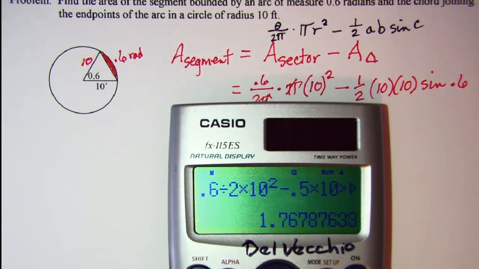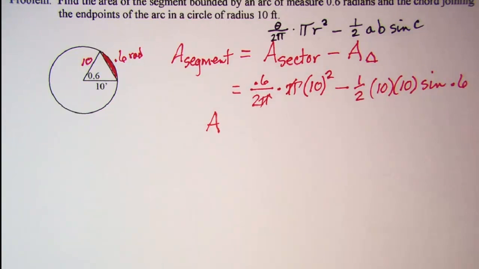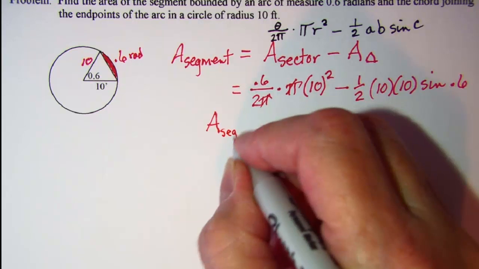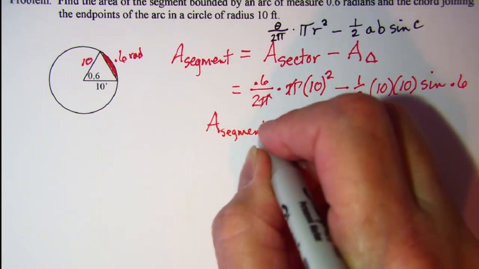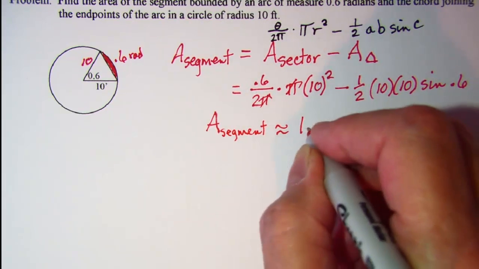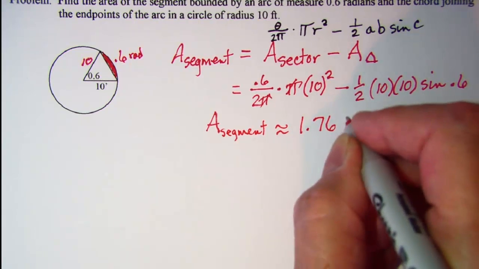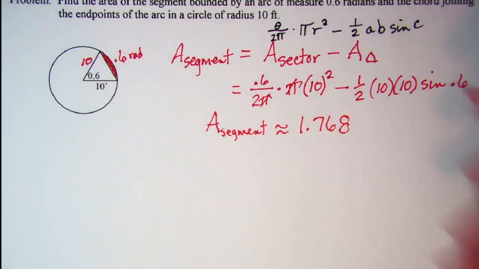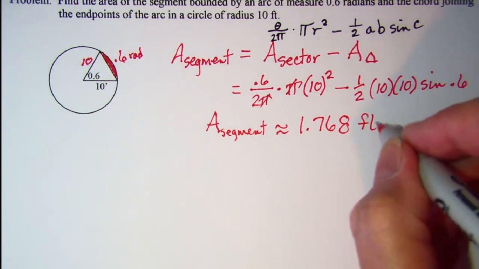So the area of our segment is 1.768. My units are feet, so this is feet squared.